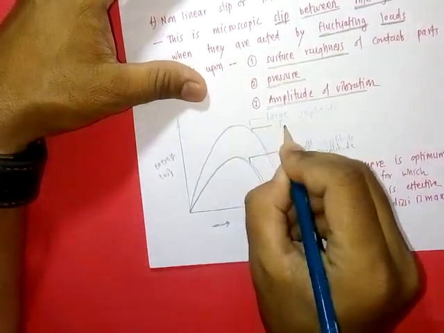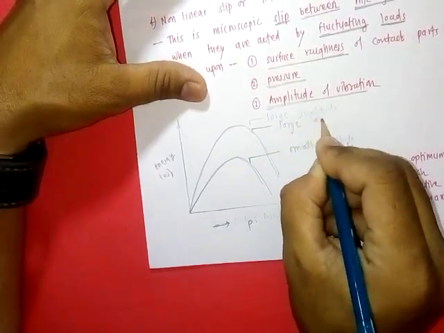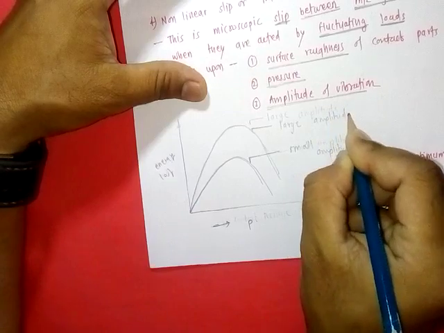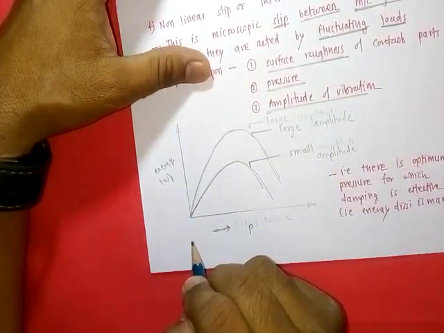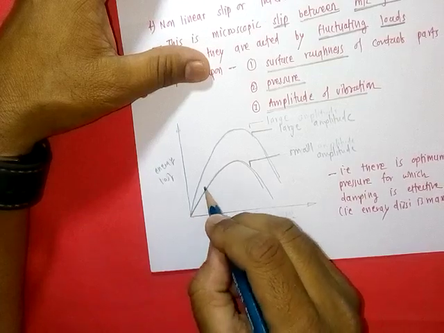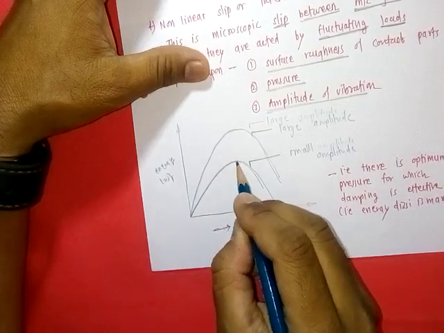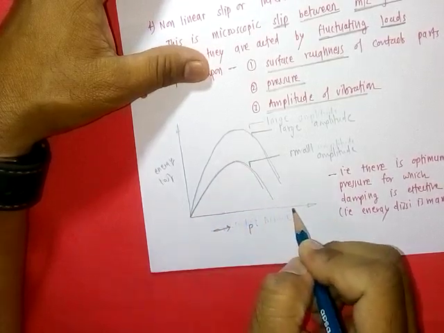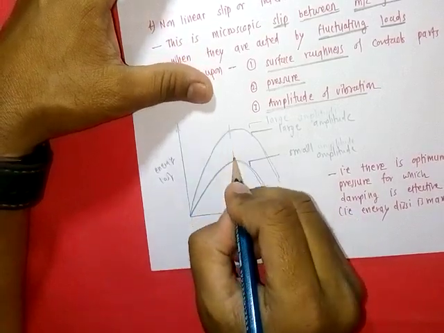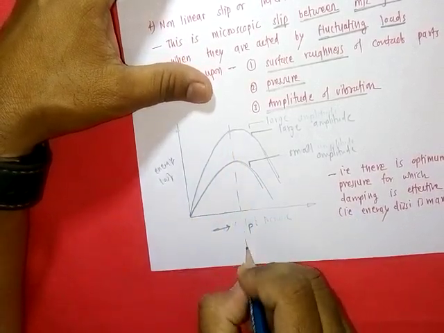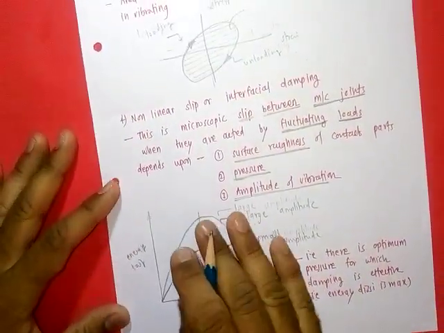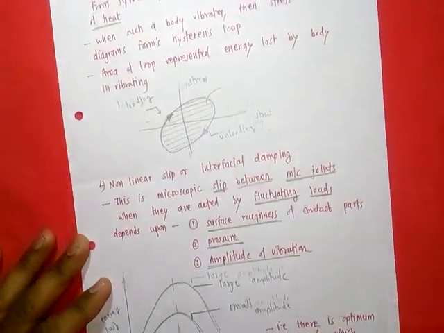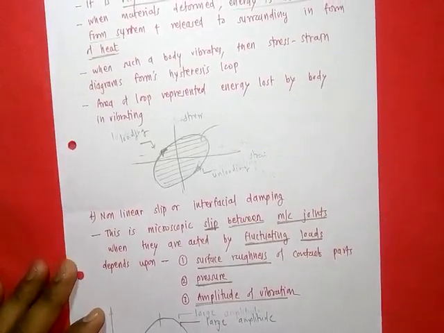So this is for large amplitude conditions. That means initially with increasing pressure, the amount of energy lost increases and then again decreases. So there is one optimum value of contact pressure at which damping is maximum. Okay, so these are the types of damping.